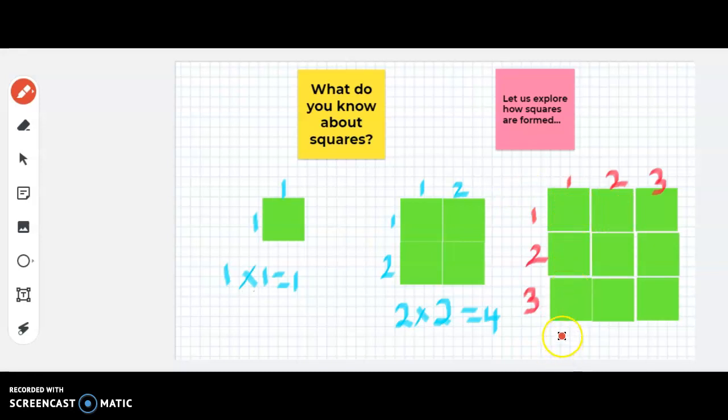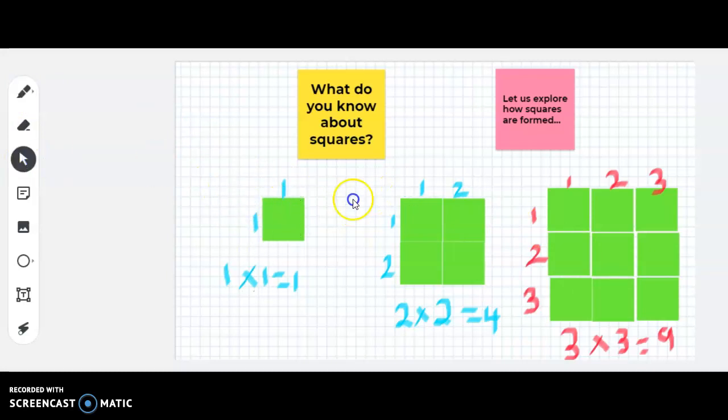So it means you're going to have 3 times 3 equals 9.